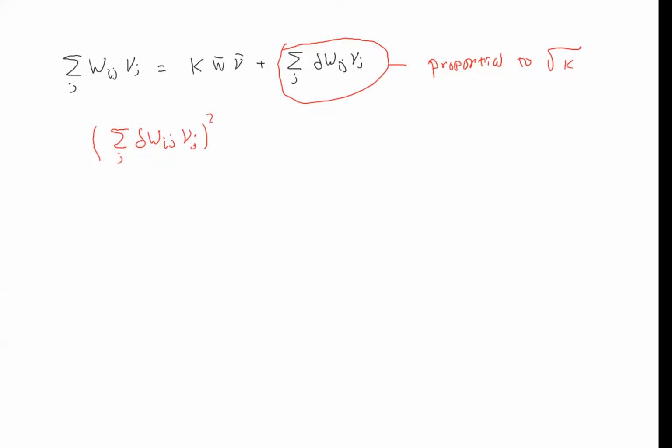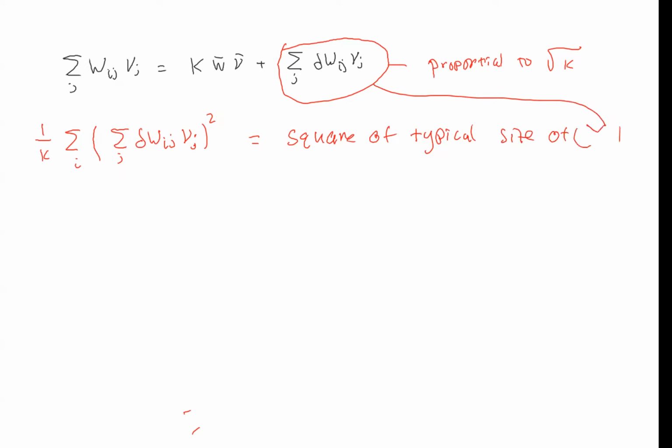We're going to square it and we're going to average over I. So this equals the square of the typical size of this term.